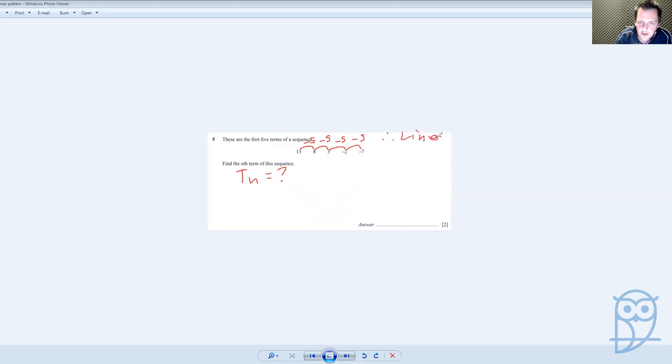Therefore, linear pattern. And we know that a linear pattern has the form dn plus c. It could be an plus b.